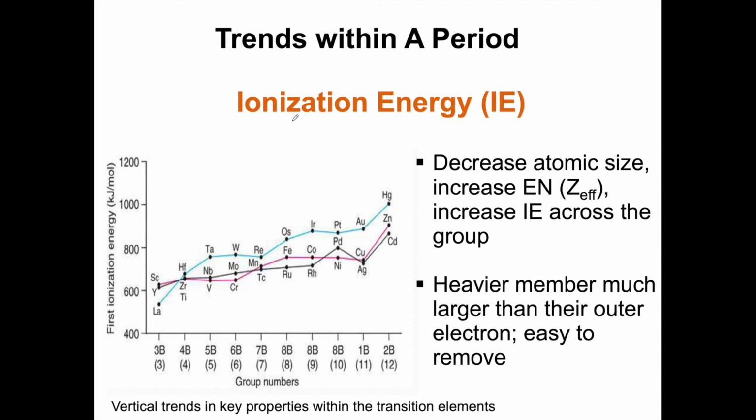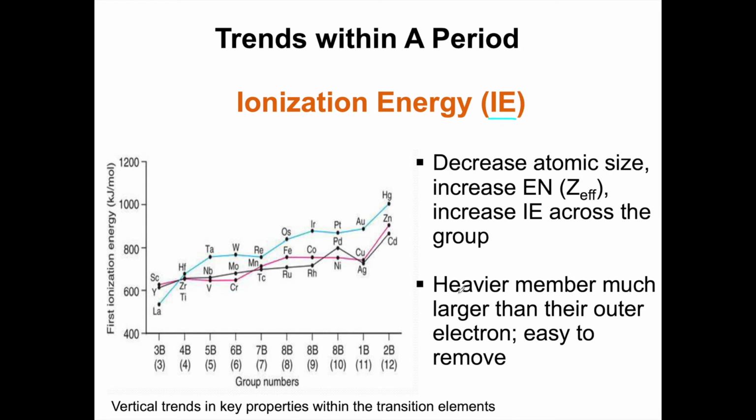Then other than that, we have the ionization energy, or we call it IE. So what happened to the trends here from group 3 until group 12? Decrease in atomic size also will increase the electronegativity and the effective nuclear charge, and it also increases ionization energy across the group.